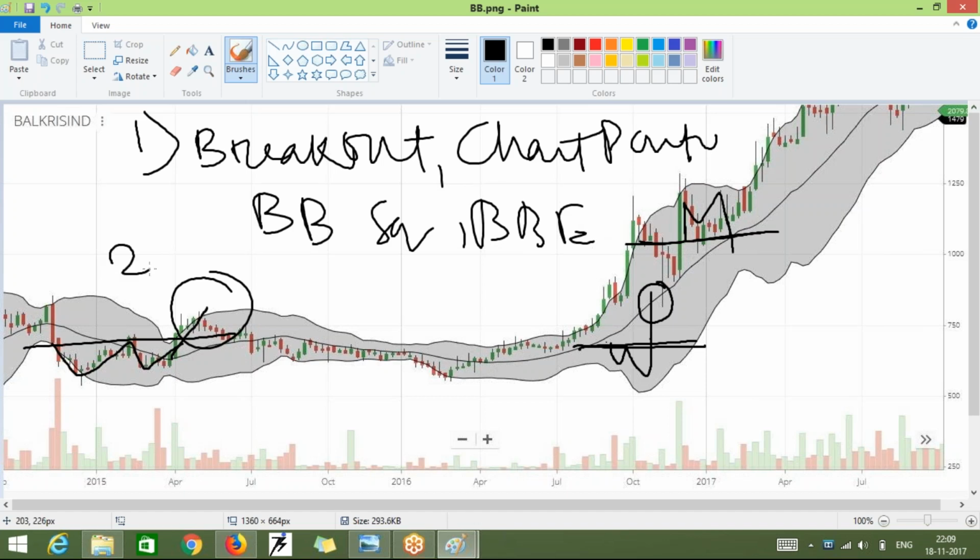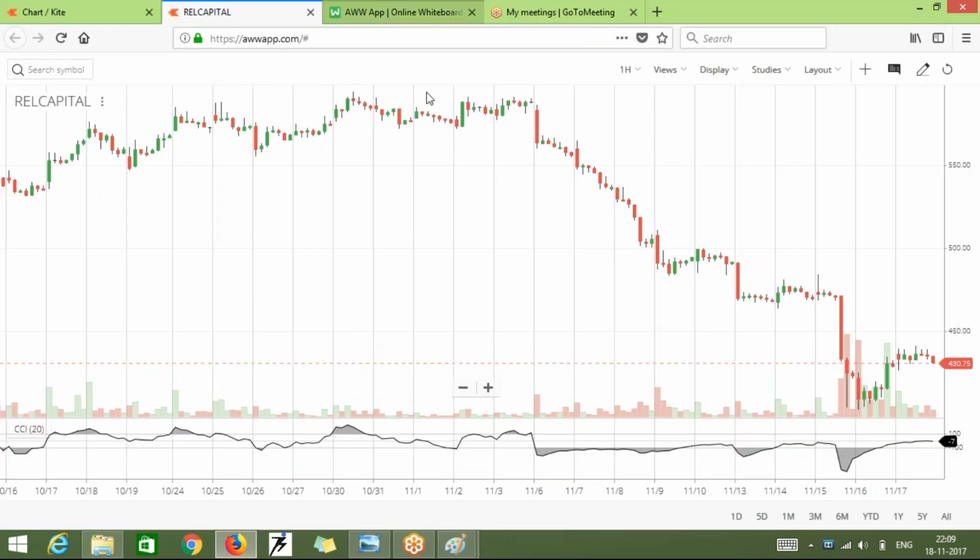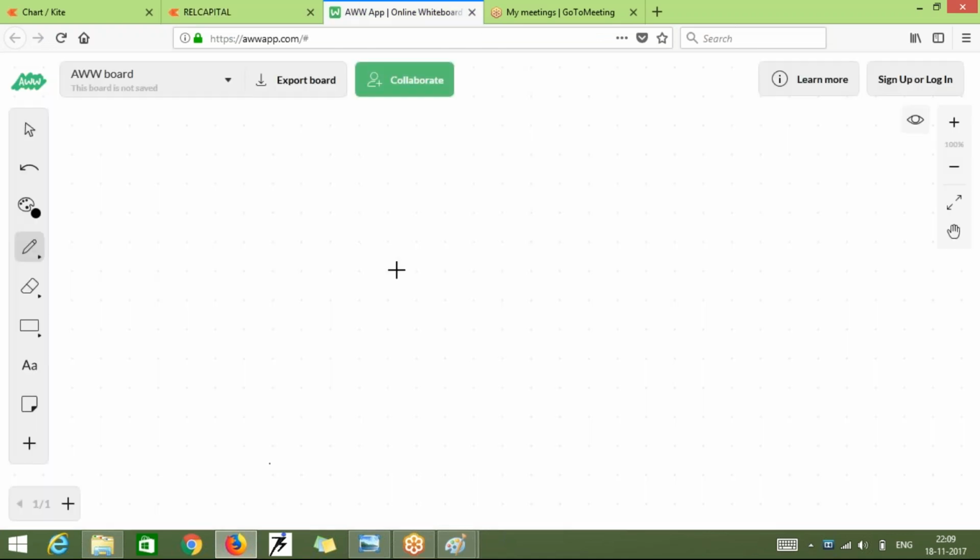The second one is the deviation of lows. Let me clear this one, I will be writing here. So the first one, as I said, is breakout.